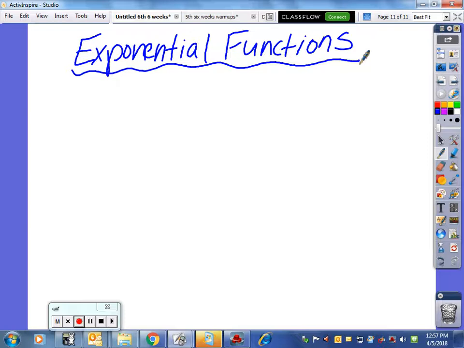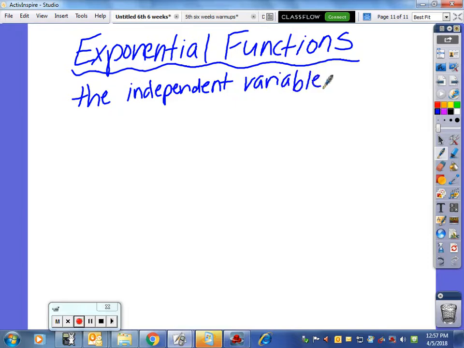Exponents, absolutely. But lots of functions have exponents. What makes these special is the independent variable is the exponent.